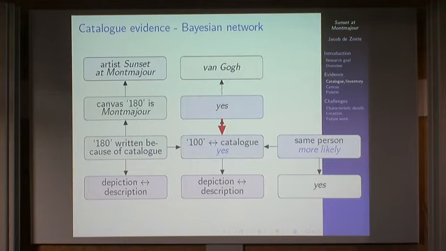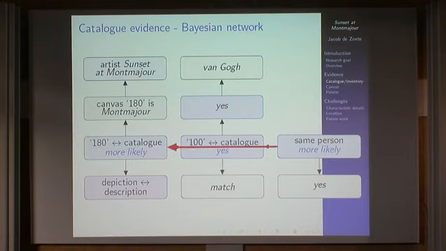Given that this is the case, then this 100 was written because of this inventory list that was made back then. Furthermore, there is a match in depiction and description, the depiction on the painting and the description in the inventory. These two pieces together make it more likely that 180 was also written because of the relation to the catalog or the inventory, by the same person.